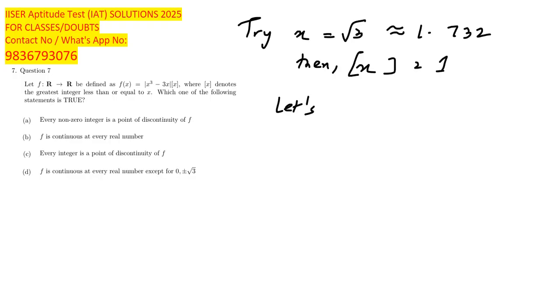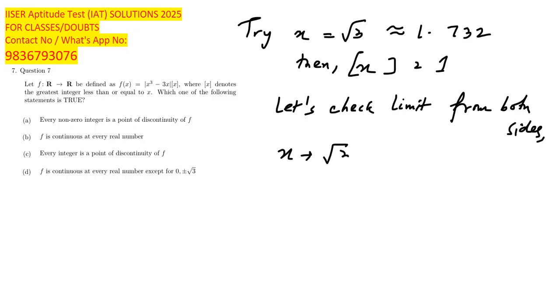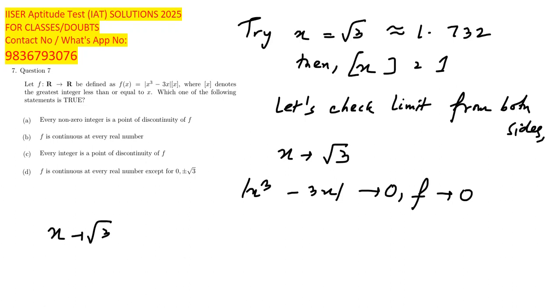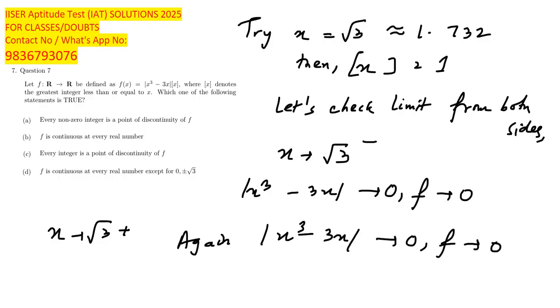Let's check the limit from both sides. x³ − 3x tends to 0, so f tends to 0 from the left, and again from the right, x³ − 3x tends to 0, so f tends to 0.